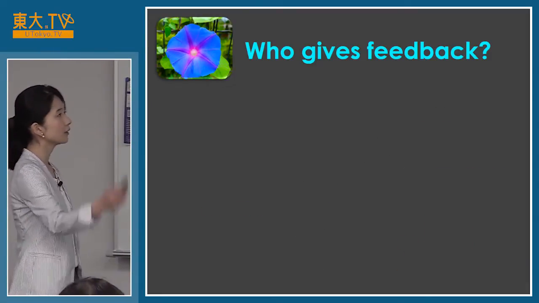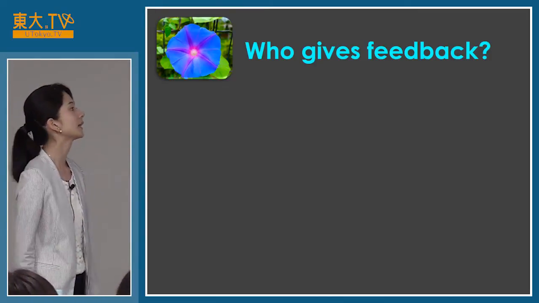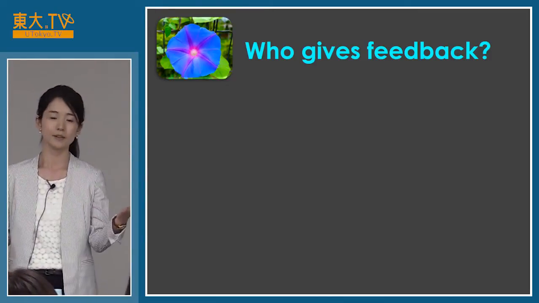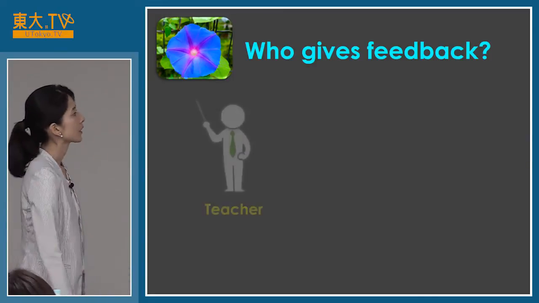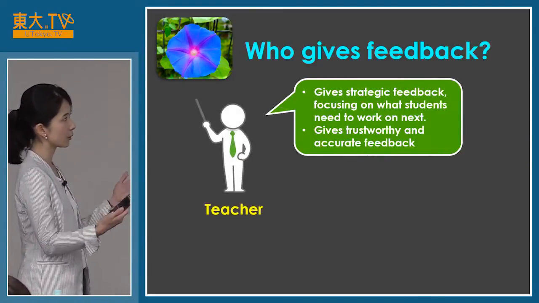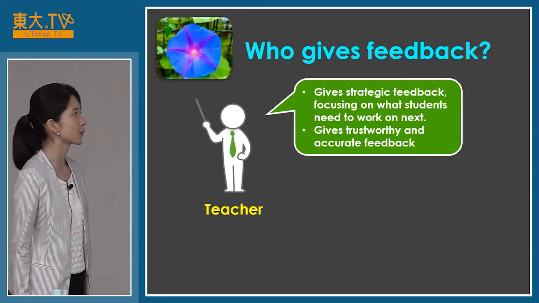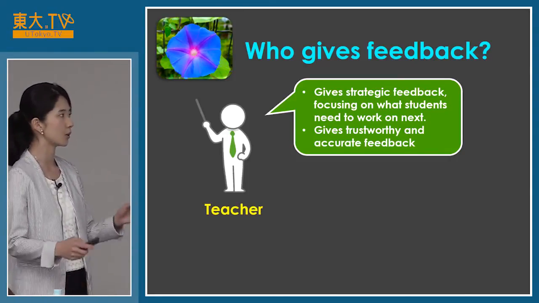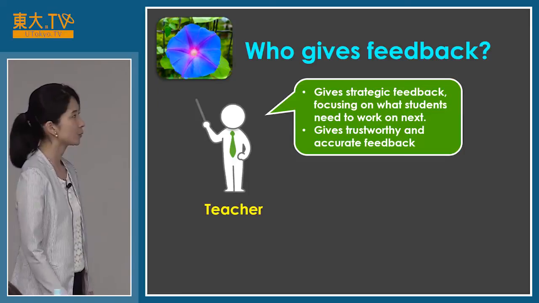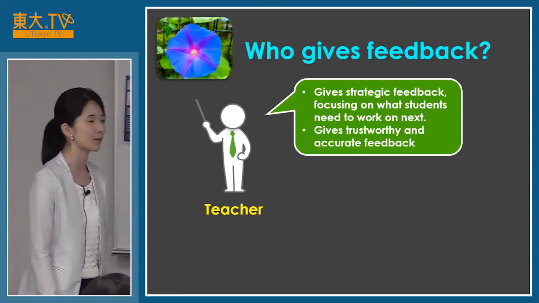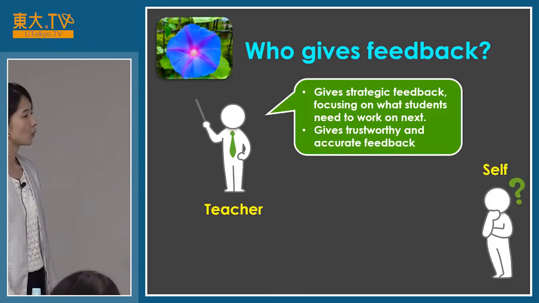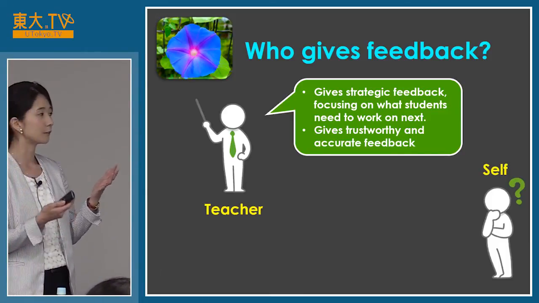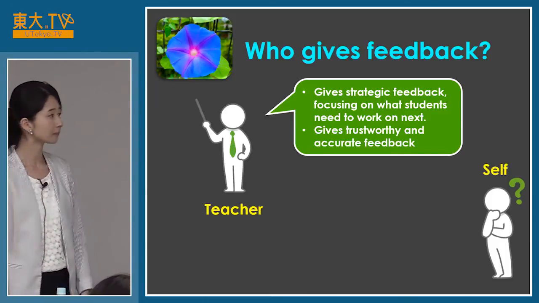So all of these different types of feedback, they have different purposes, they achieve different goals, right? So as a teacher, we want to give strategic feedback focusing on what students need to work on next. And we try to give trustworthy and accurate kind of feedback. And we want the students to reflect on their own work as well.